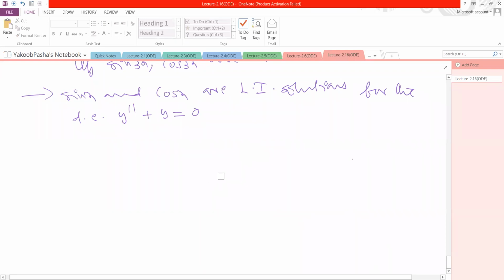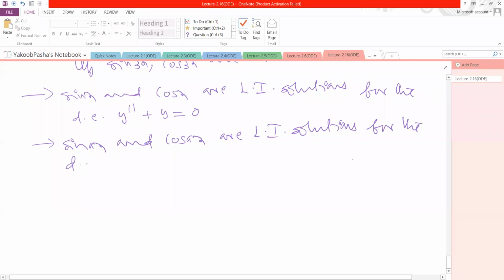So I am generalizing and writing: sin ax and cos ax are linearly independent solutions for the differential equation y double dash plus a square y is equal to 0. If I take sin 2x, cos 2x, the differential equation becomes y double dash plus 4y is equal to 0.